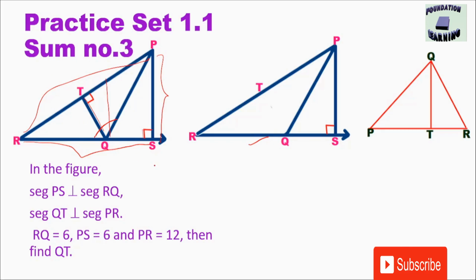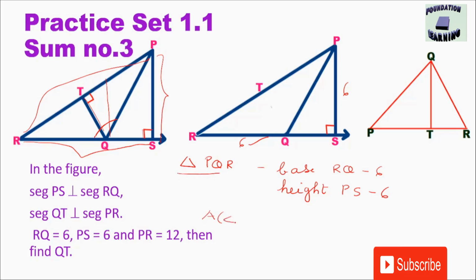So in triangle PQR, base is RQ. Measurement is given as 6. Base is RQ and height is PS. PS is also given as 6. Now how do you find the area of a triangle? We are not finding the ratio, we are just finding the area of a triangle.